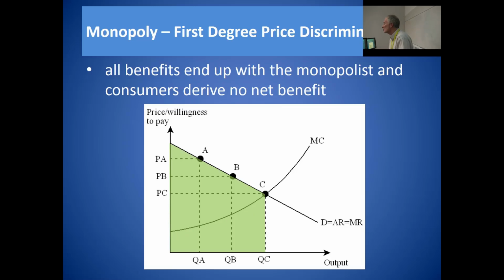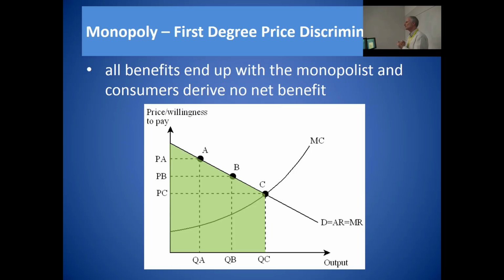There is absolutely no consumer surplus under perfect price discrimination. The monopolist gets absolutely everything. So even though we produce a Pareto efficient level of output, it's all to the benefit of the monopolist. The monopolist gets every single last bit of surplus available within this market, and consumers get nothing.